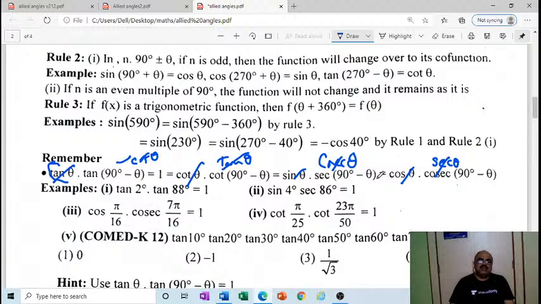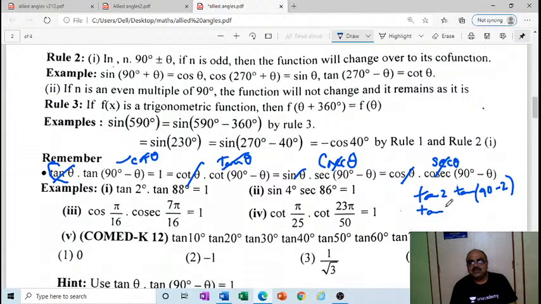Tan 2 into tan of 88. Tan of 88 can be written as tan of 90 minus 2. So tan of 90 minus theta will be cot theta as per this rule. So tan 2 into cot 2 is equal to 1.